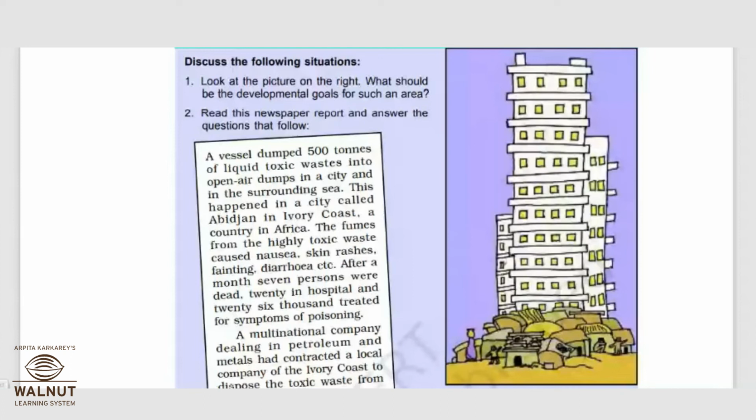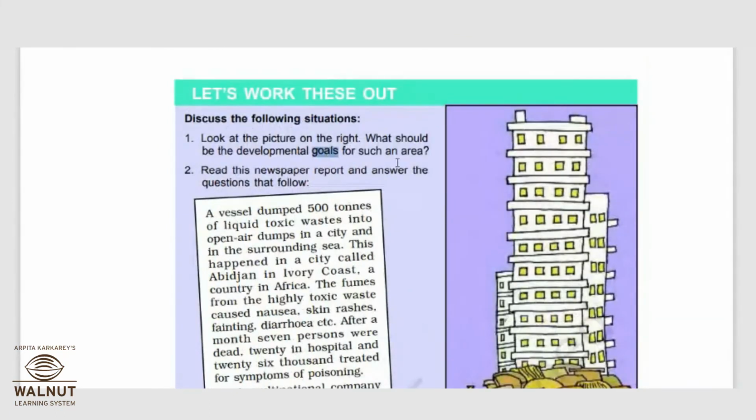Yes, so that's what I'm saying. The goals are related to the environment. So the development goal for this country, Ivory Coast in Africa, should be that they have to pay more attention to environmental cleanliness, or keeping the environment clean, or go green, some kind of goal like that. What about this locality now?